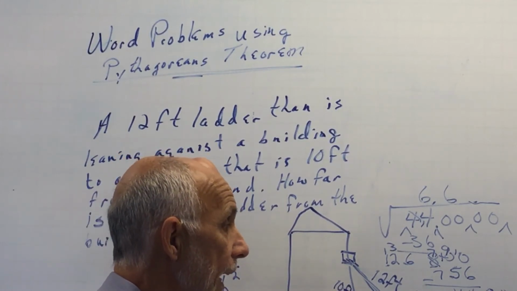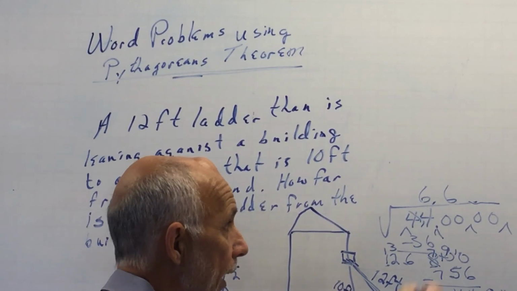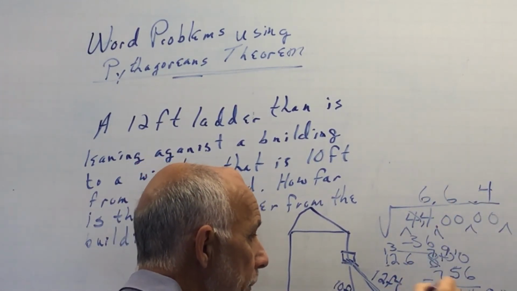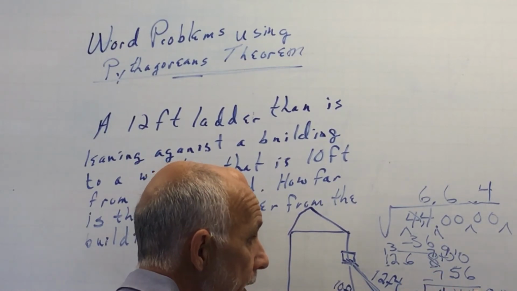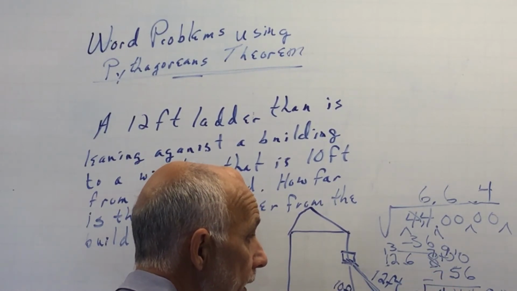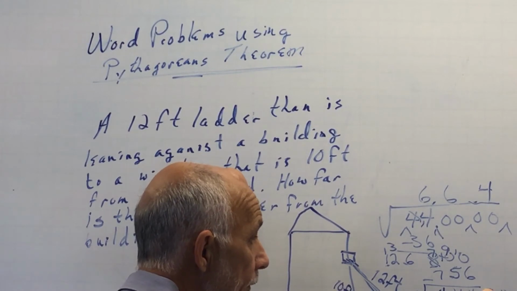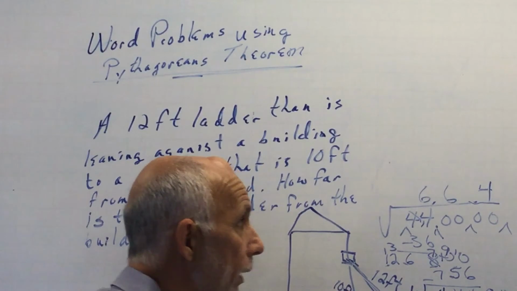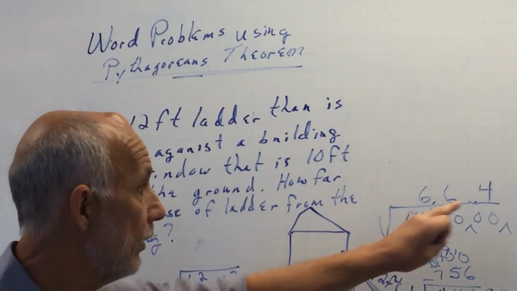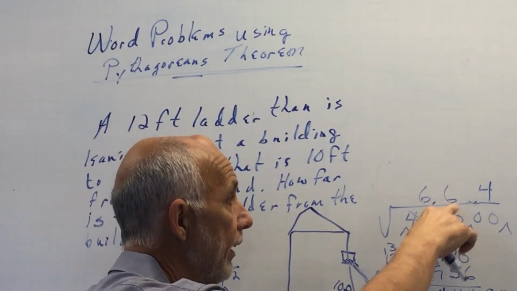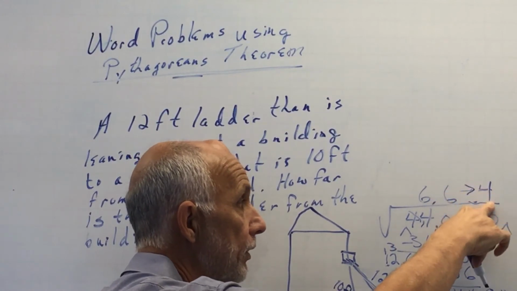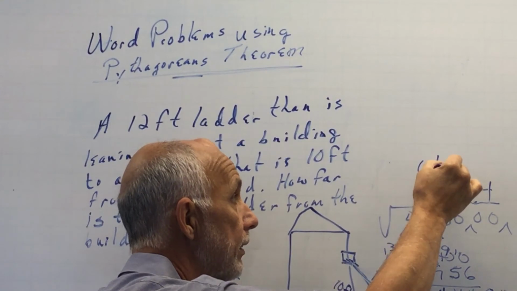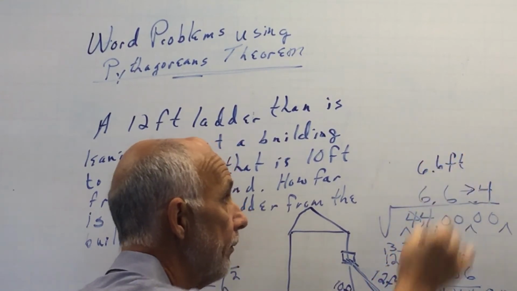But again, you say, but Mr. Dude, you know 4 is going to be too big. Well, the reason I'm trying 4 is because it really doesn't matter if 4 is too big, which it is. Since 4 is too big, I know that the 6 is going to stay the same, because this is going to be less than 5, so this stays the same. This is 6 and 6 tenths feet.